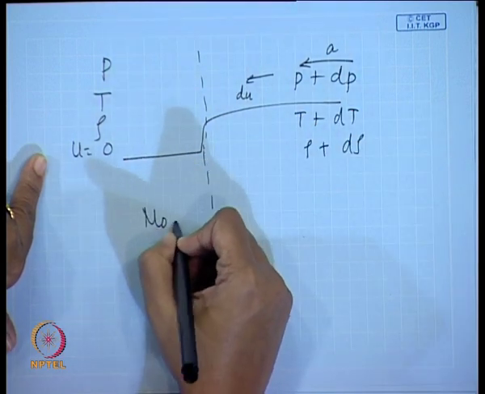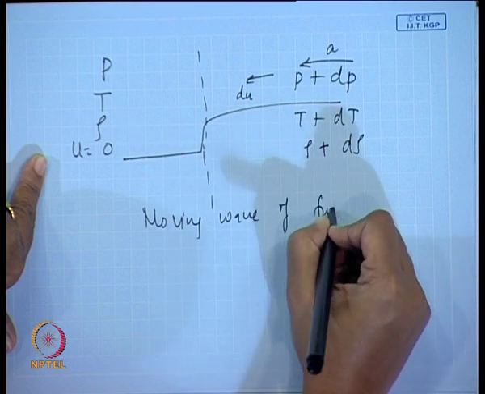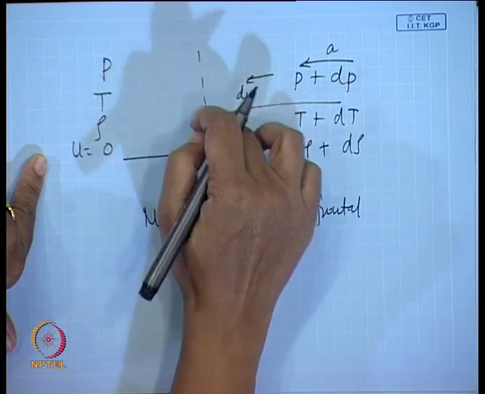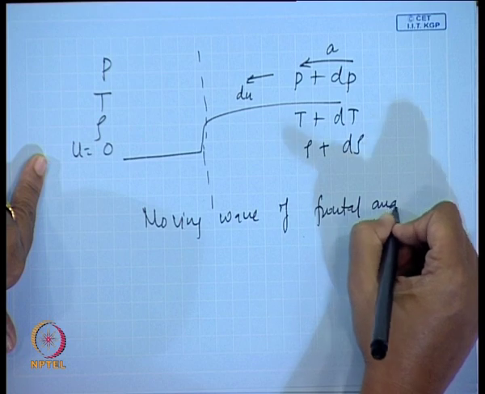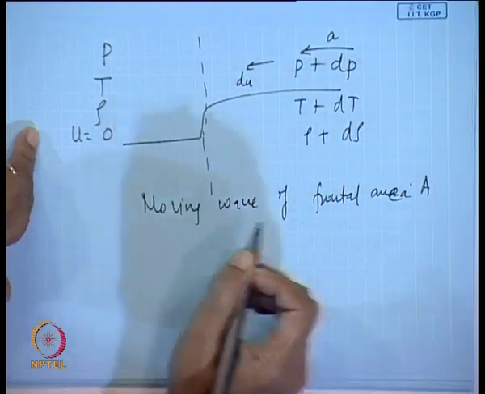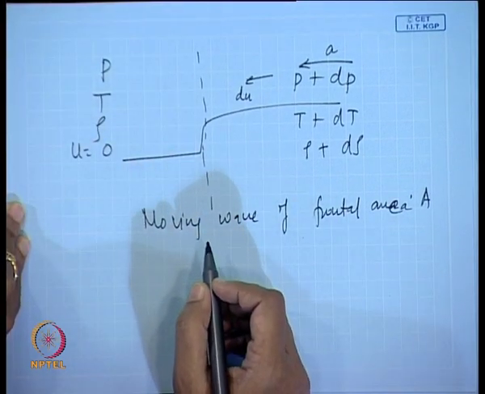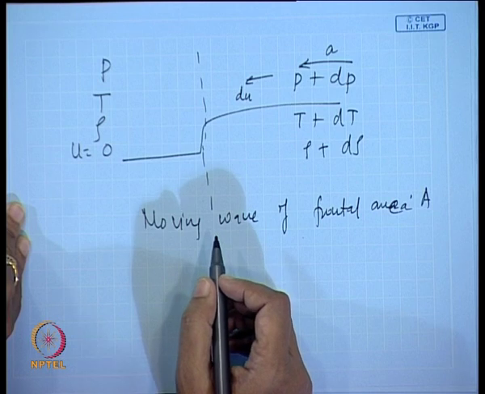So, what I have represented is a moving wave of frontal area A, the cross sectional area through which it is moving. We find that the disturbance is travelling in the form of an elastic wave or a pressure wave through the medium.